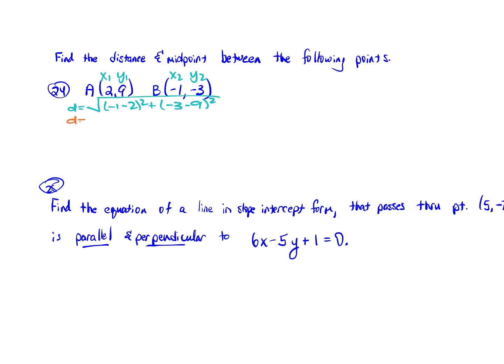This is going to give us the square root of negative 1 minus 2 is negative 3 squared, plus negative 3 minus 9 is negative 12 squared. The negative 3 squared is 9. The negative 12 squared is 144. So this gives us your distance is equal to the square root of 153.